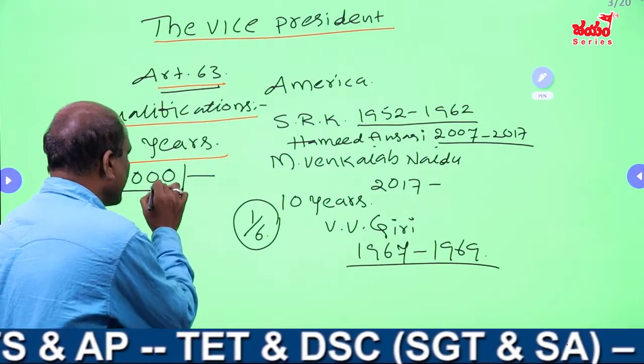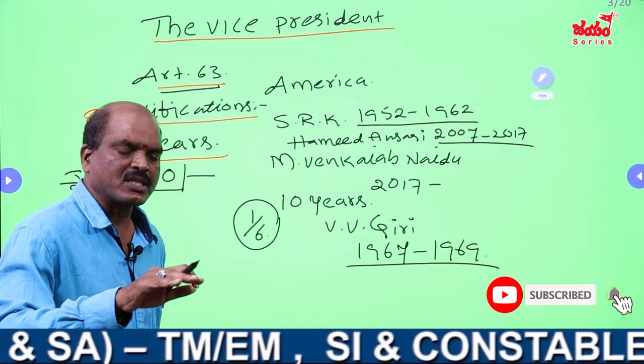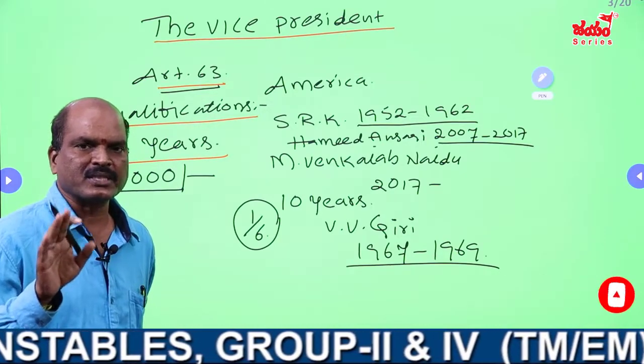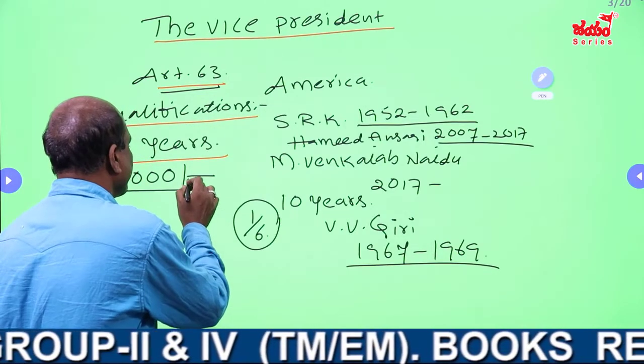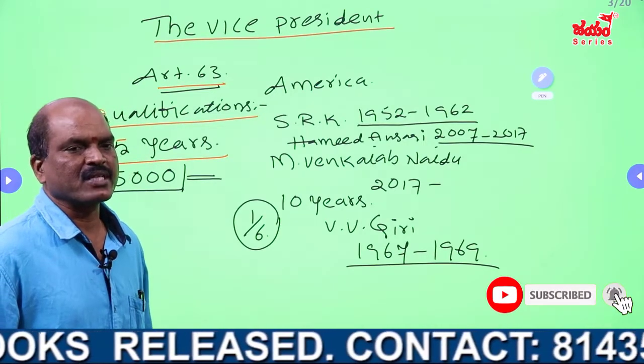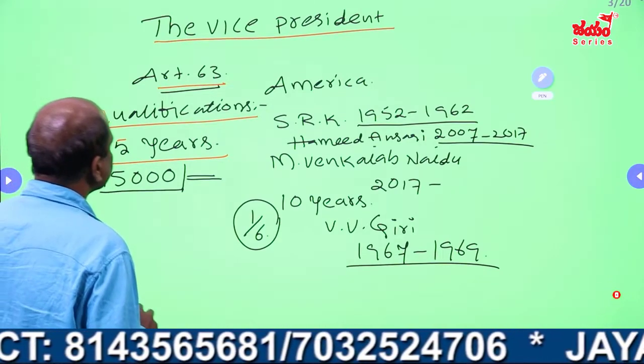Okay. Deposit amount, how much? 15,000 rupees. Either in the president election or vice president election, the deposit amount is the same, 15,000 rupees. Okay. Next one, another one.